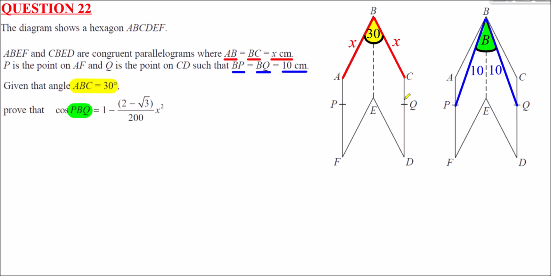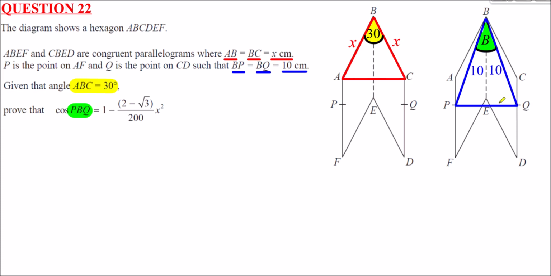And as well, because P and Q are the same in each of these shapes, the distance PQ will be the same for each of these. Okay? So, next up. Because PQ is the same, and AC is directly above, from A to C and from P to Q have to be the same length.